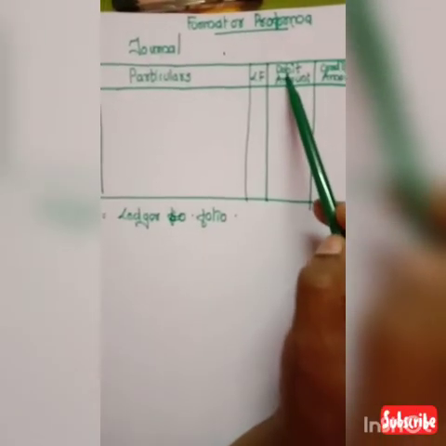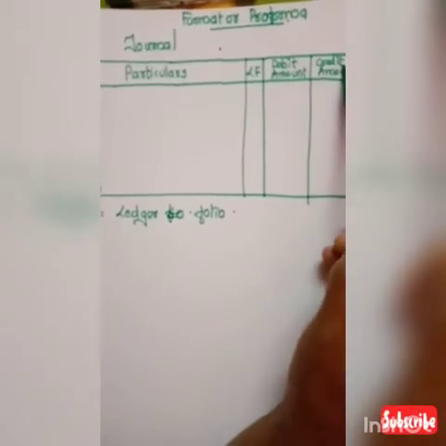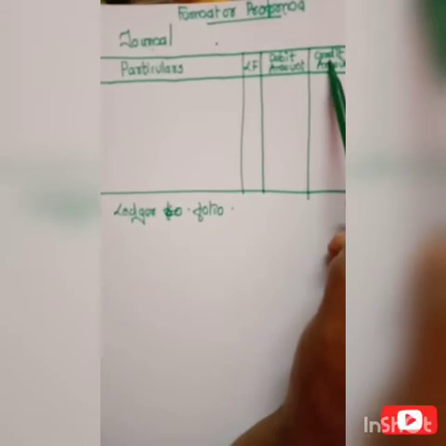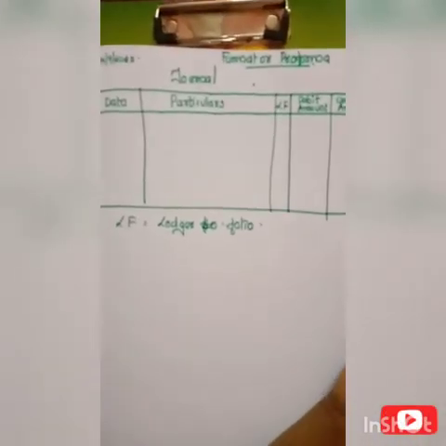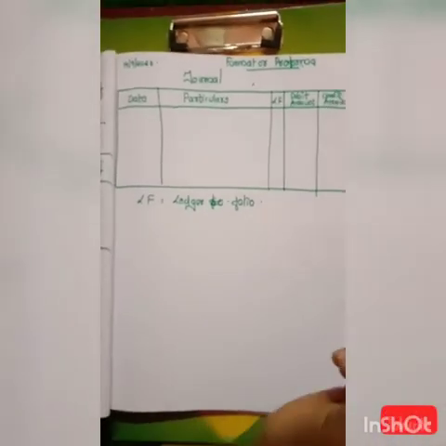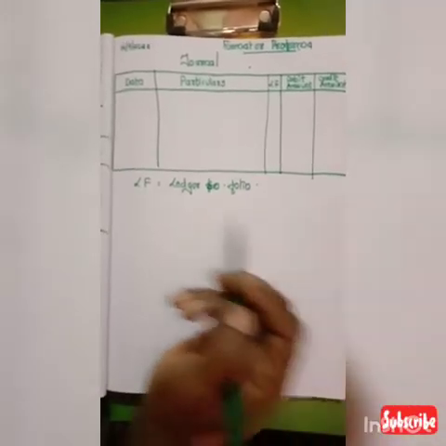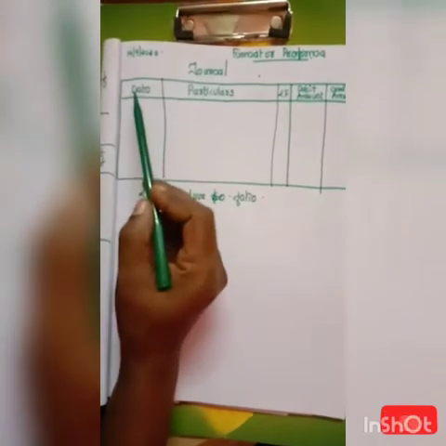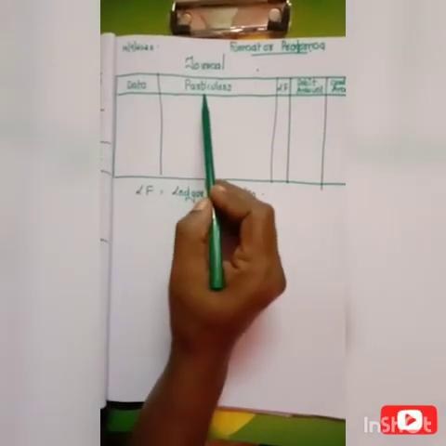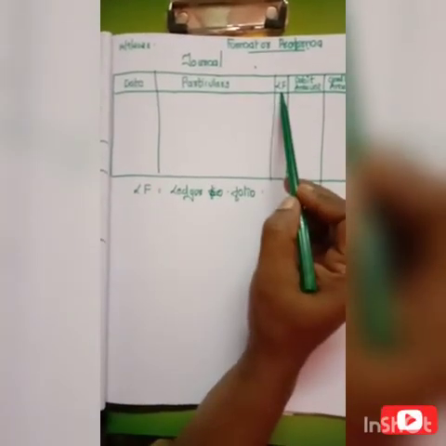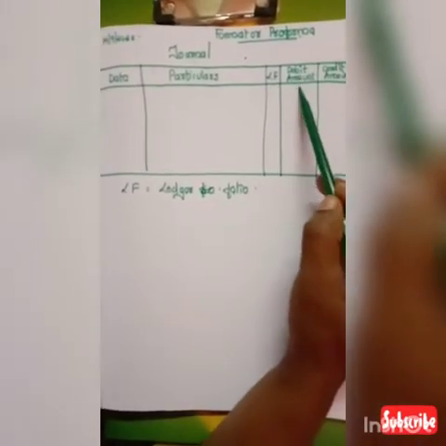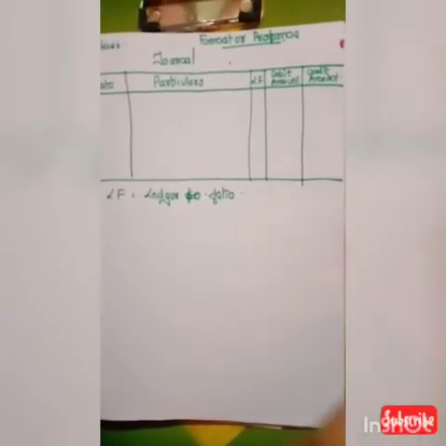That's why one is the debit item and the next one is the credit item. Here we are representing the debit amount and here the credit amount. This is the format of a journal. In the middle we are representing the heading. First column date, second column particulars, third column LF means ledger folio, then debit amount, credit amount.